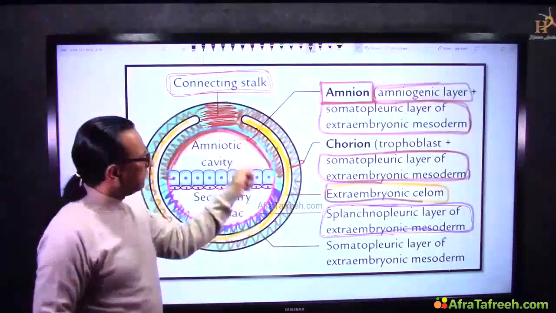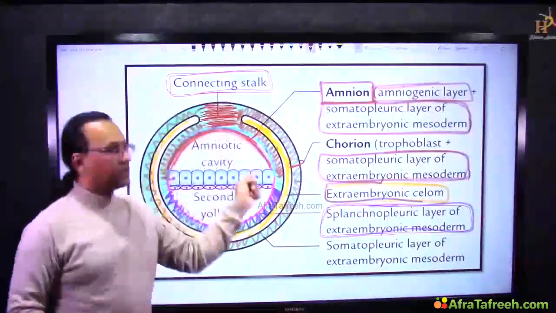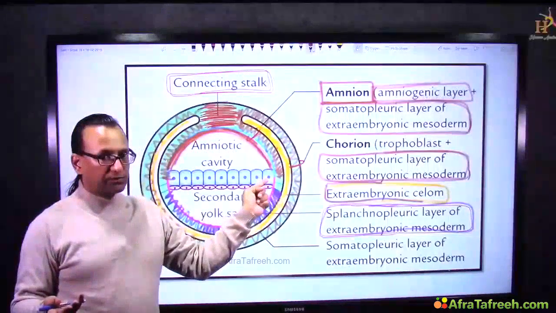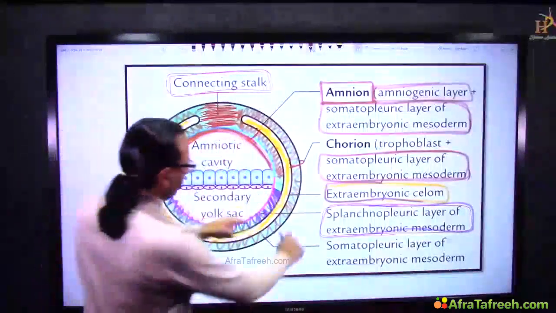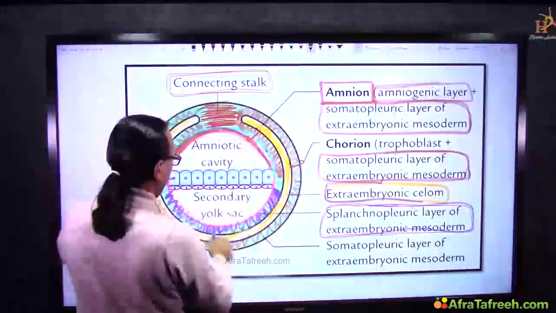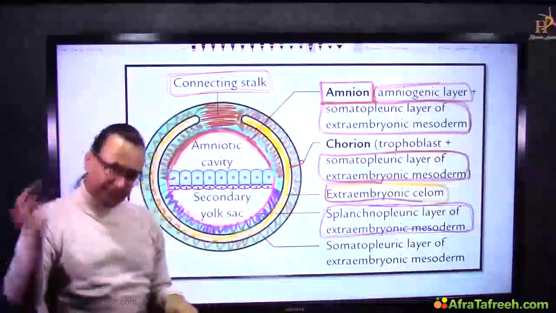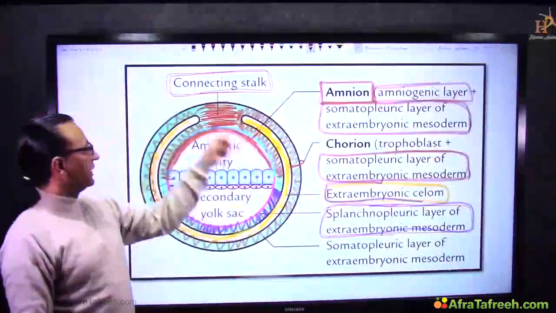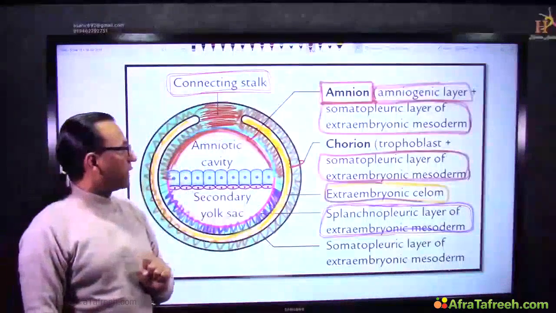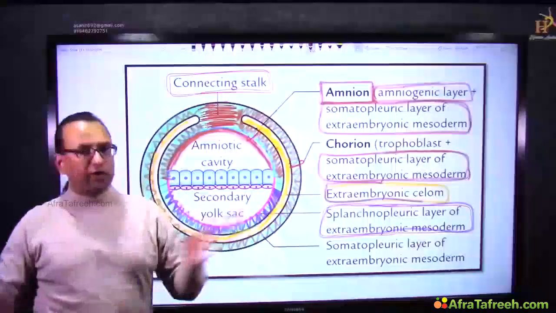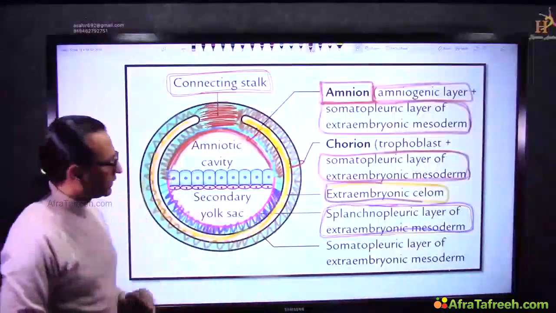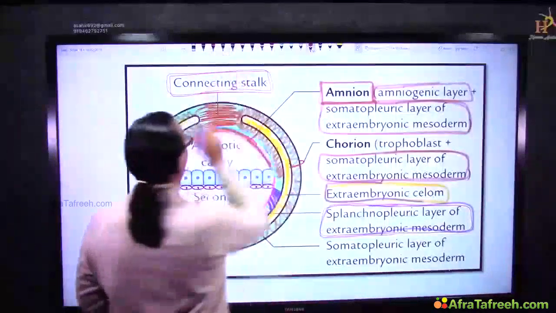Yes, but who gave the amniogenic cells? Amniogenic cells were given by trophoblast. The trophoblast, which is at the periphery, that trophoblast is giving us amniogenic cells. Then what about the chorion? Chorion is outside. If you say chorion is outside, fine, but what is chorion contributed by?